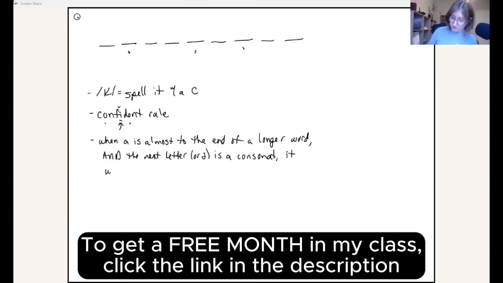It will make the schwa sound. So when A is almost to the end of a longer word and there's a consonant after it, then it will make the schwa sound.